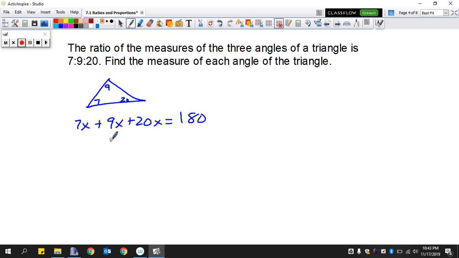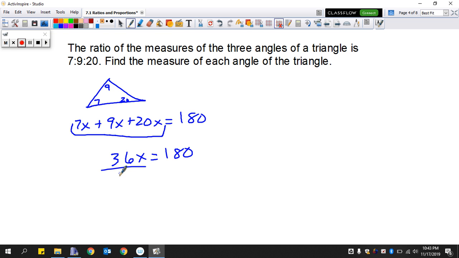When we combine our like terms, we end up with 36x is equal to 180.